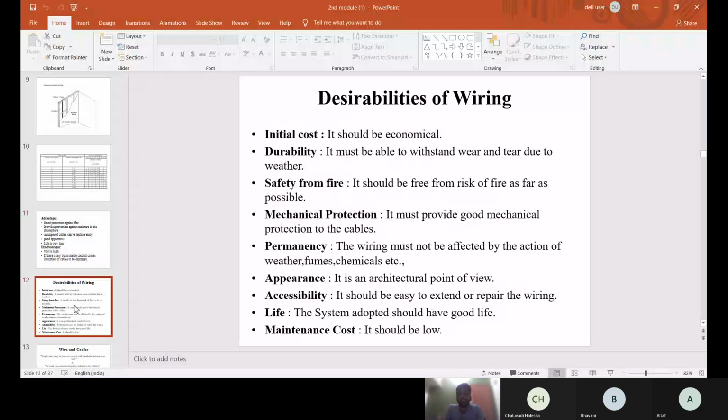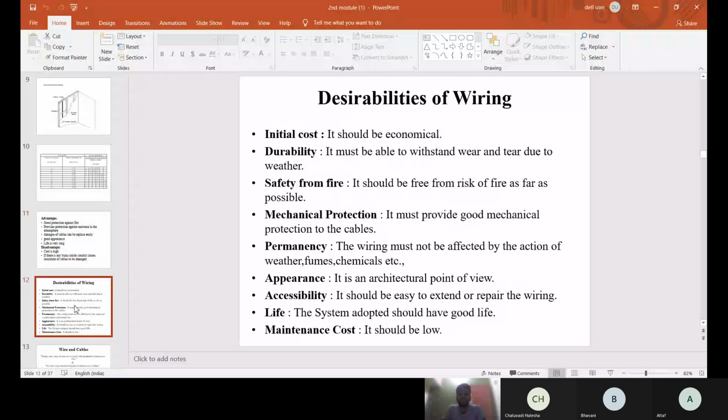If you are a good estimator, you need to minimize the cost and make sure you maintain the life of the actual work. So you need to decide things like that. Then durability: the quality of wire you choose should be able to withstand for a longer duration, and it should not be exposed to wear and tear.